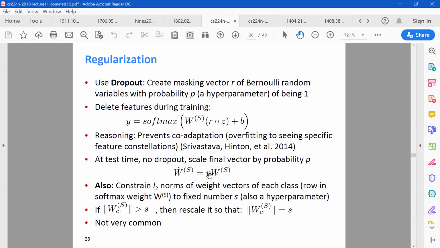And I thought it would be 1/p, but I'm not sure why he used p. So this scaling is the weight vector. So the weights need to be scaled by p. Yeah, and p is the same as the dropout parameter, the probability of dropout that you've used in the dropout portion of your training. Okay. Yeah. Thanks.